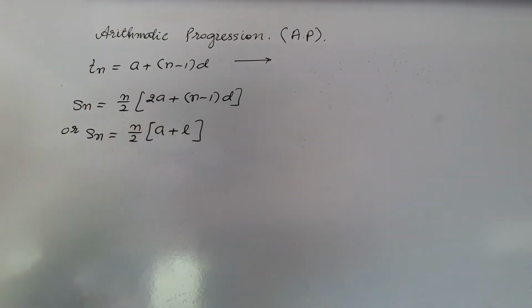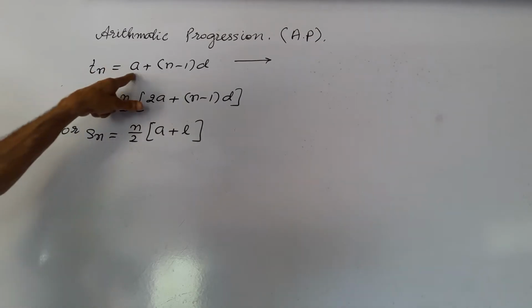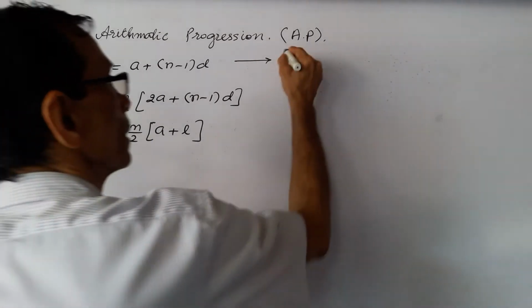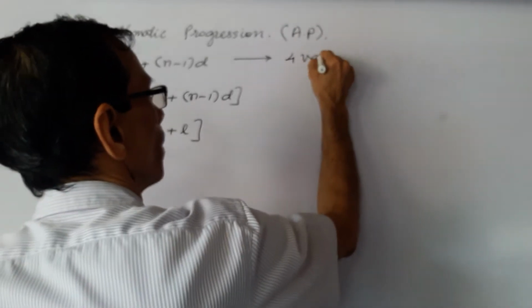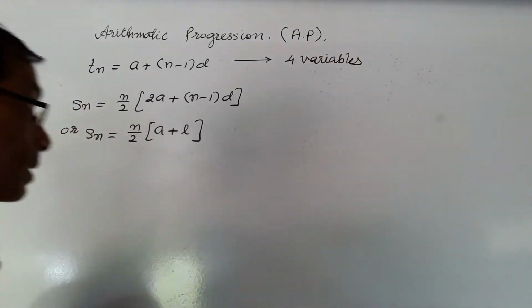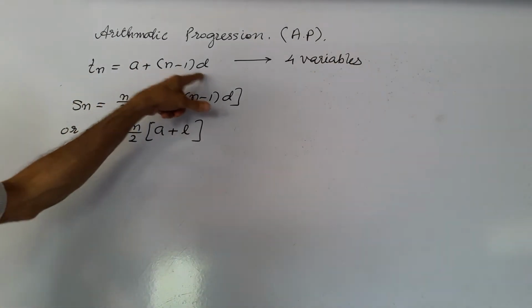equation, there are 4 variables: Tn, A, N, and D. So 4 variables are there. A, N, D, and Tn.